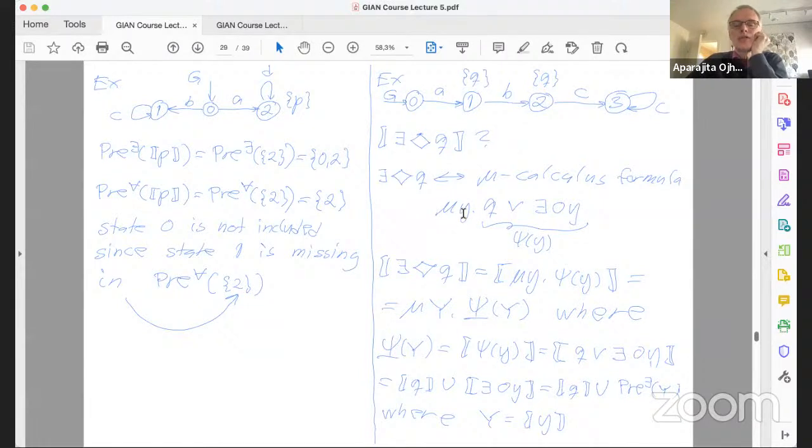The least fixed point for y, where y is involved in the function psi involving this atomic proposition Q, or there exists a next state where y is true. So let's see how we can apply this.